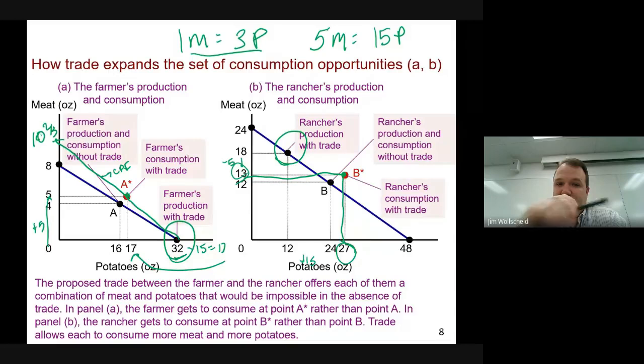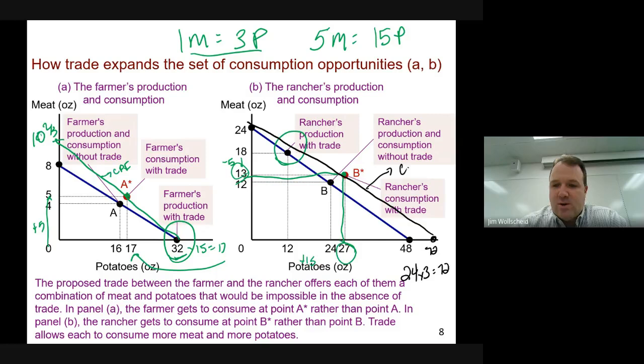In fact, if we could keep this same ratio, and let's say the farmer saved up potatoes for quite a long time, we could do 24 times 3, which would be 72. So we could actually draw where the new consumption possibilities frontier would be with this new price.